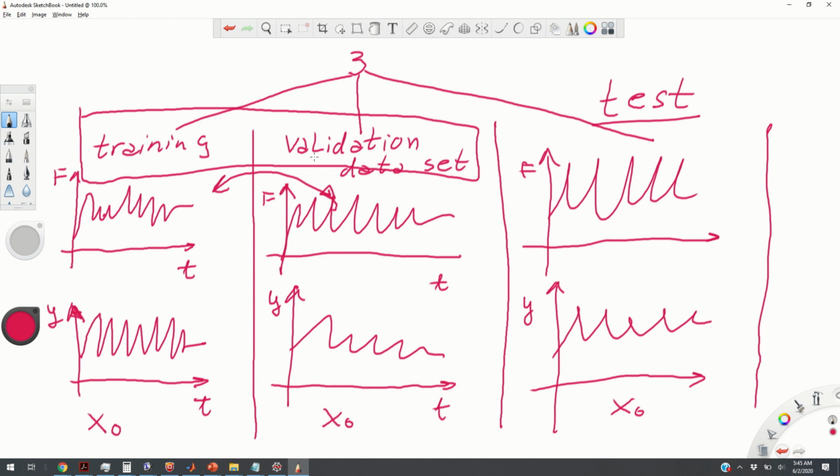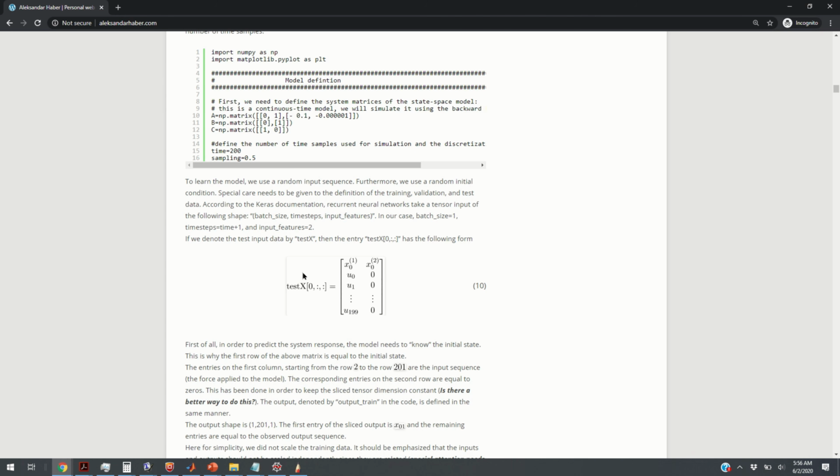This will be explained in the sequel. And the test data set will be used in the final stage, once we have selected the model, to see how this model behaves on a new data set that this model has never seen before, if I can say it like that.